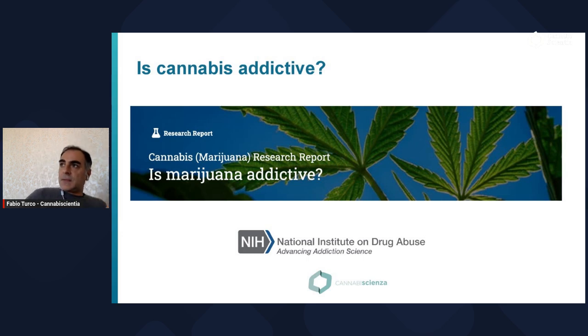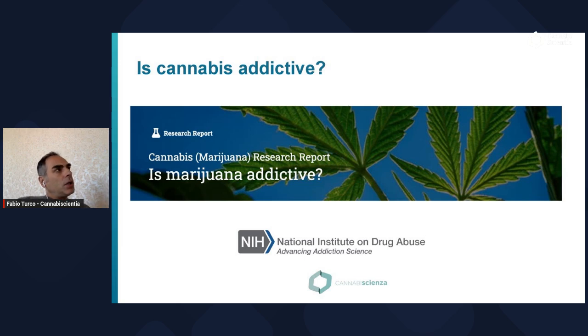So cannabis induces dependence, especially in the recreational use, and this is a factor that happens in almost 50% of people. But in every case, after 2 weeks of quitting the use of cannabis, this phenomenon can disappear.